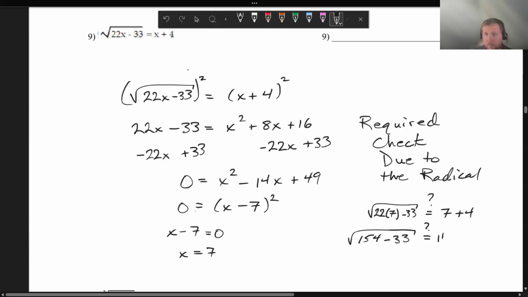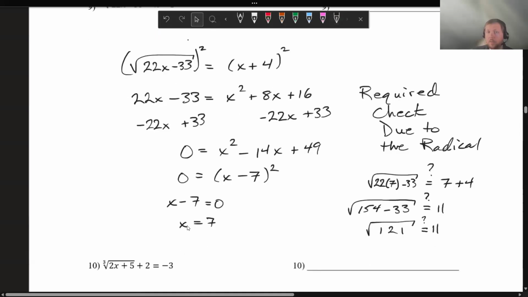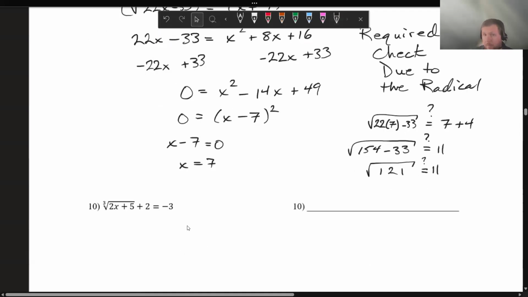Is this equal to 11? 154 minus 33, I get 121. Now, that radical's just there, so it's just going to be 11.